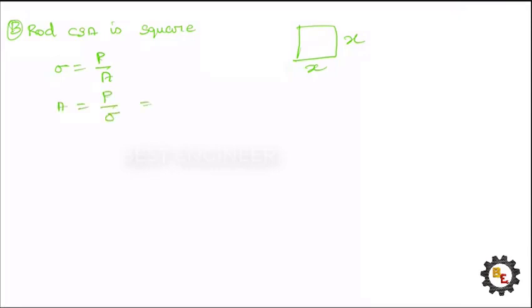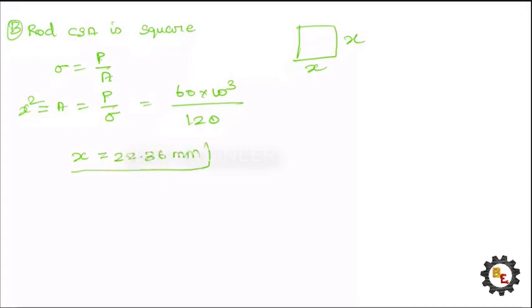Here load is 60 kilonewton, 60 into 10 power 3, divided by stress 120 megapascal, and area is x square cross section. So we will get x equal to 22.36 millimeter. Suppose the rod should have square cross section, the side should be 22.36, approximately 23 millimeter.